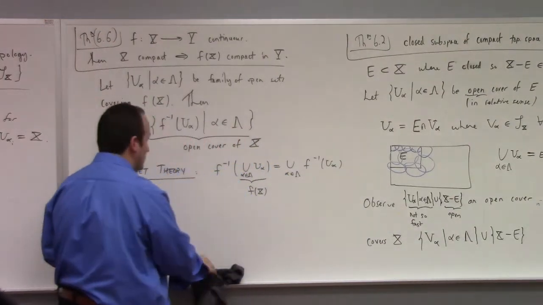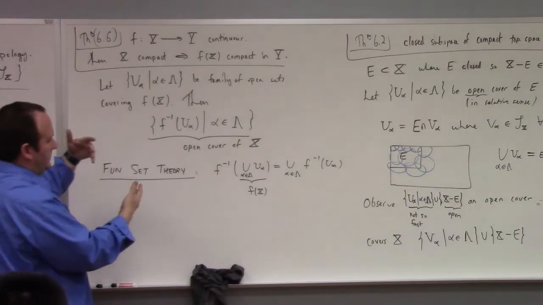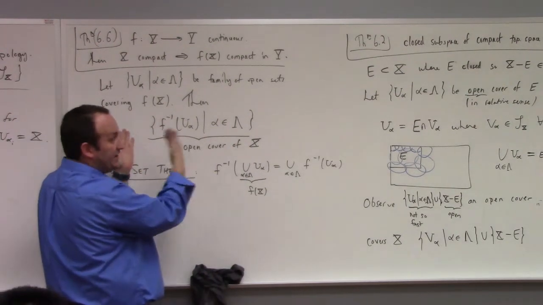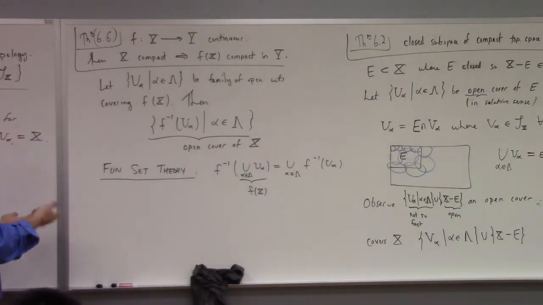So then what are we looking at? Okay, so then this is an open cover of X, but X is what? Compact, therefore there exists a finite subcover, right?